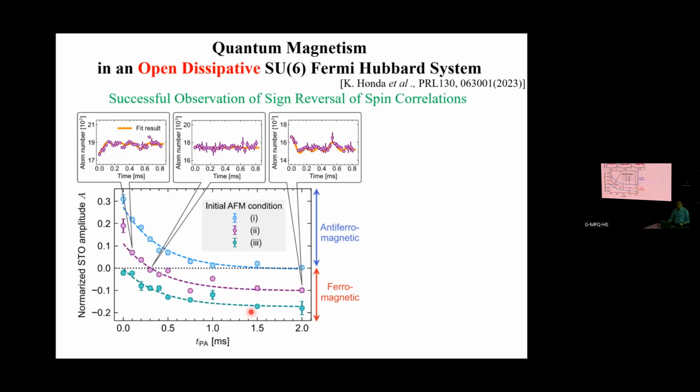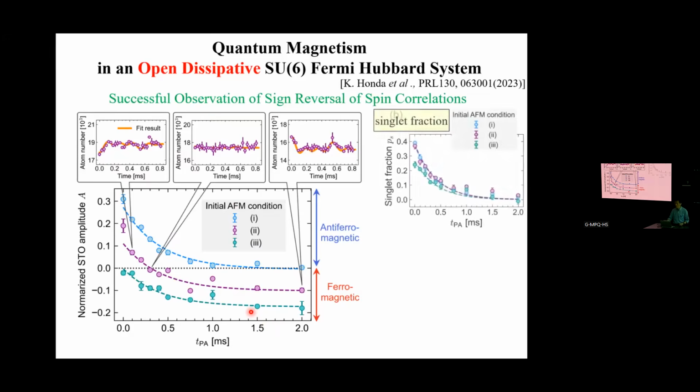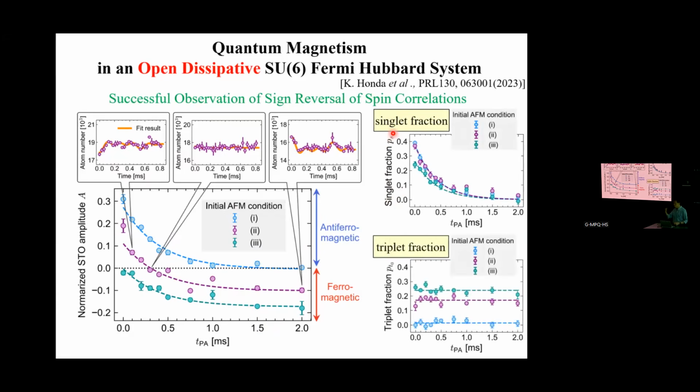Okay, and we also confirmed that the sign reversal of spin correlation is actually induced by the selective removal of the singlet fraction, and the triplet fraction is kept constant. This is consistent with the theoretical scenario.